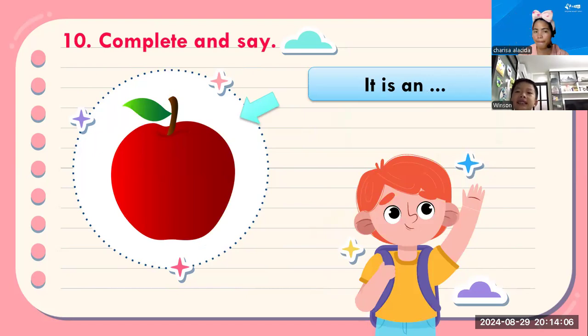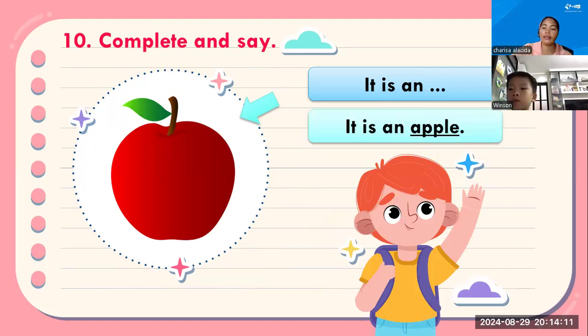Next. This is an apple. It is an apple. Very good. Again, one more. This is an apple. Listen carefully.